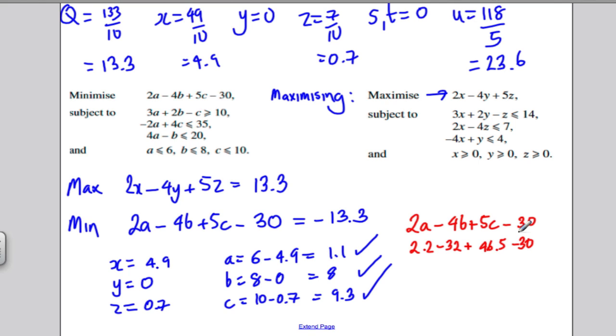Work that out, 2.2 minus 32 plus 46.5 minus 30, as we thought, was equal to minus 13.3, which was the minimum value which we've stated.